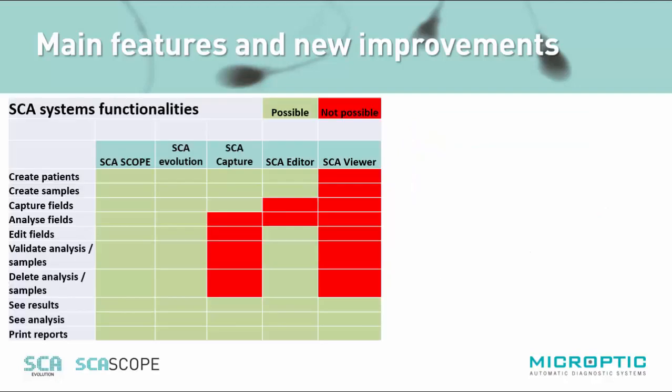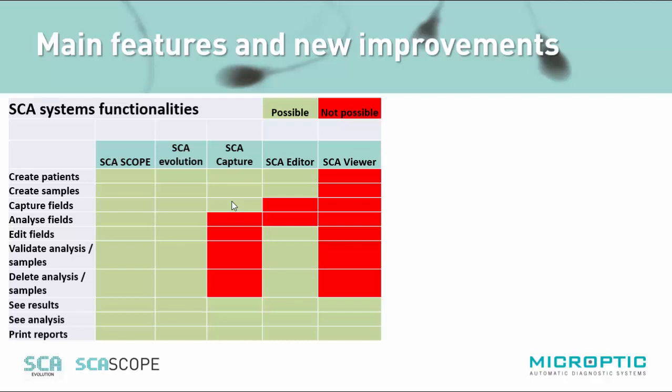So, as a summary, in this table you can see what each SCA system can do. For example, the SCA scope can create patient samples and can do everything. The SCA evolution, the full version, also can do everything. The SCA capture cannot analyze fields; it's just to capture and send to the main system.